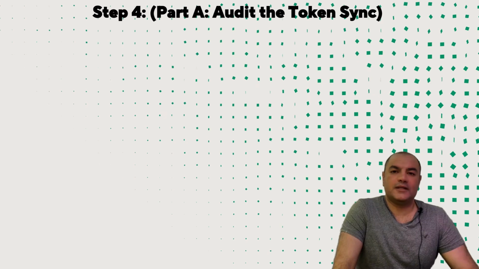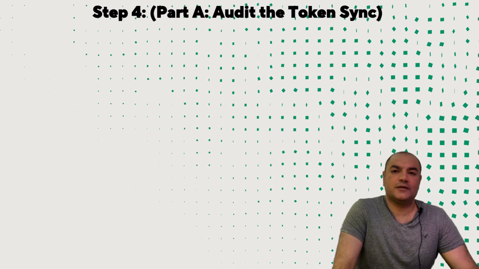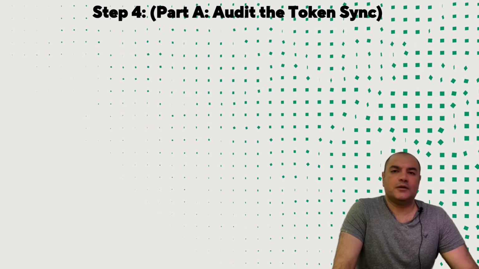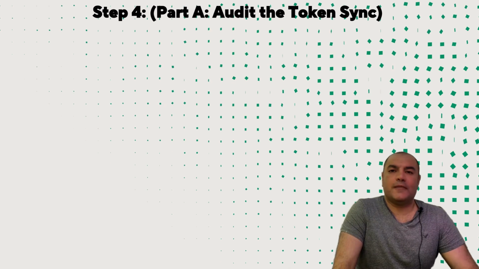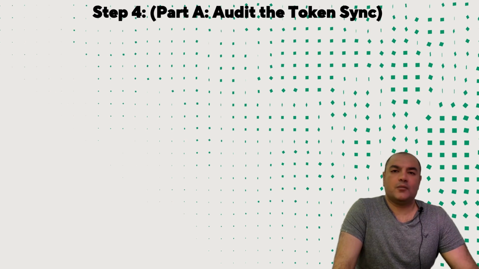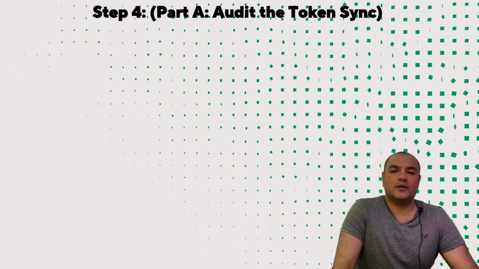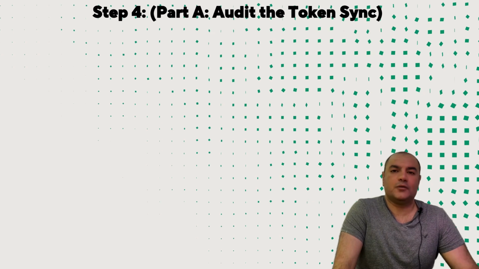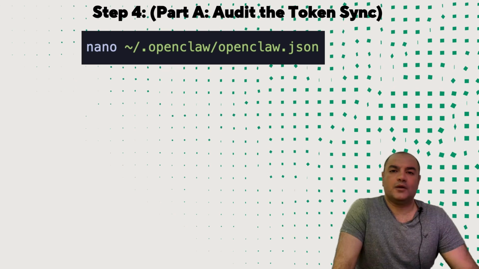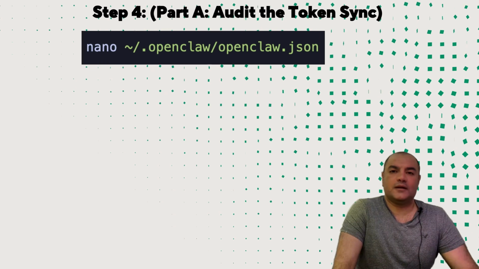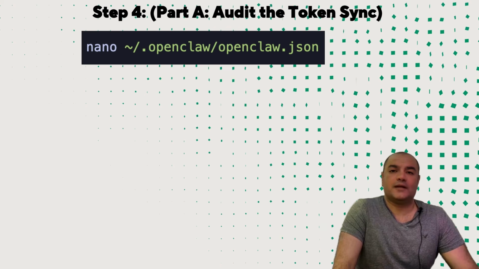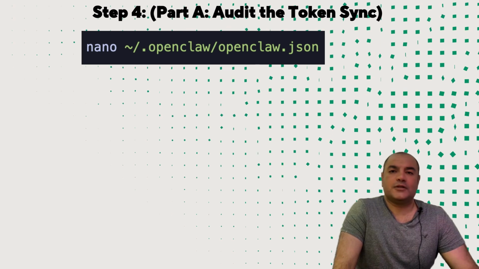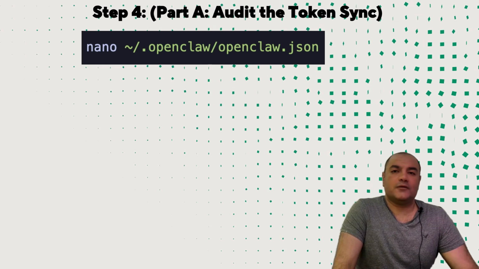2. Next, let us check the CLI config in openclaw.json to see if both tokens match. If they do not match, we will replace the config token with the one we just got from the .env file. So type this in the terminal: nano .openclaw.json. This command allows us to use the nano text editor to make changes inside the openclaw.json file.